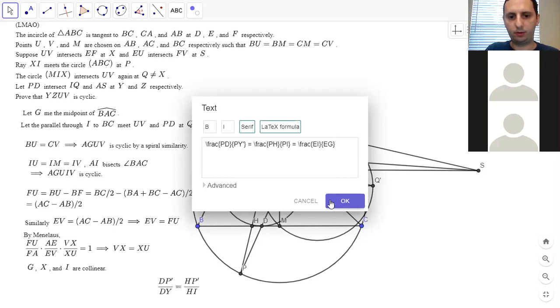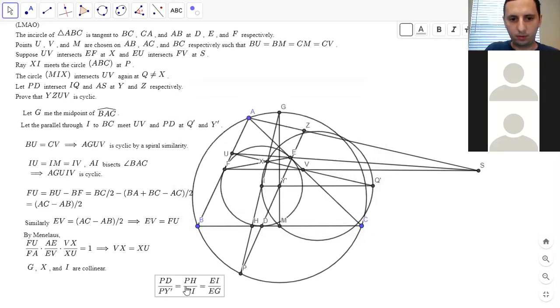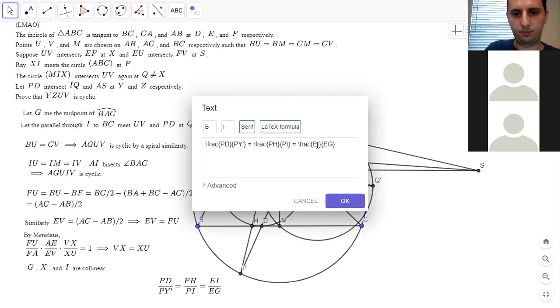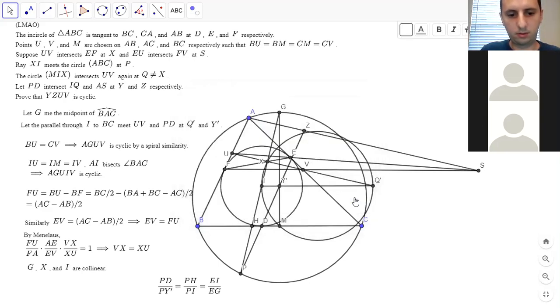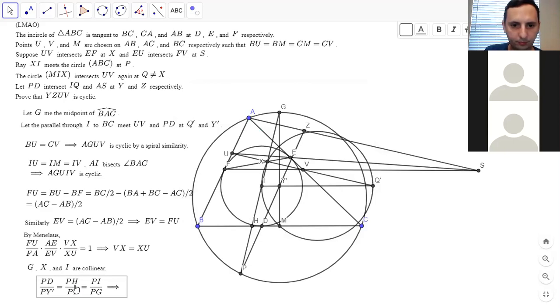PI over PG, sorry. And this implies that Y prime is on GM.